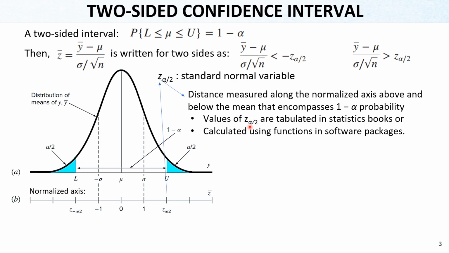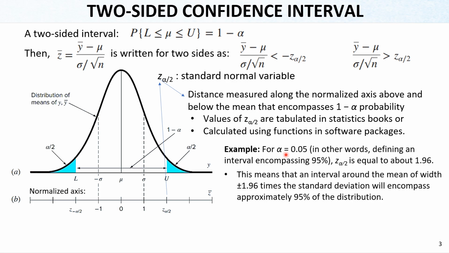Even in MATLAB or Excel, you can simply enter this alpha value and they can provide you the z value from tabulated data. It is readily available. They already listed them, so you don't need to calculate this. Just get it from the table or the software.